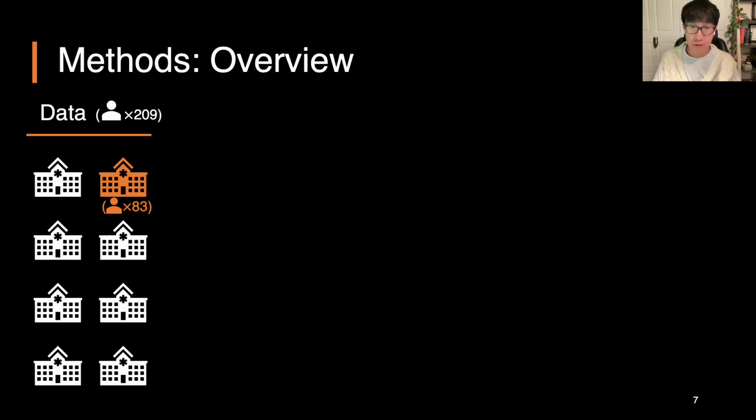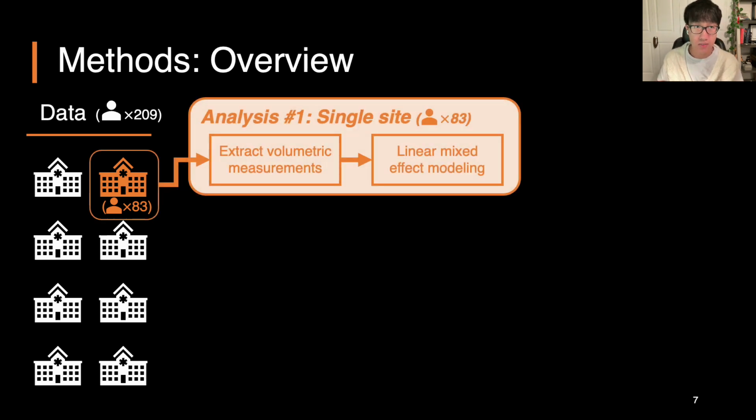Let's see an overview of the study. So out of the 8 sites, we grabbed the largest site, which is the Hopkins site. And this site includes 83 subjects to run our first analysis. So this first analysis forms the best real-world scenario where all the MR data can be acquired consistently from one site.